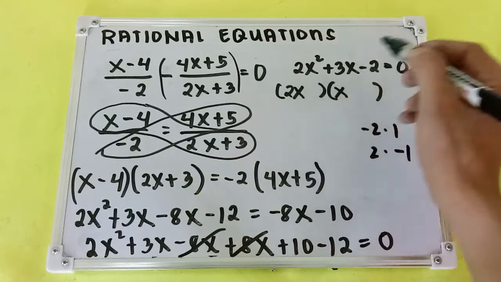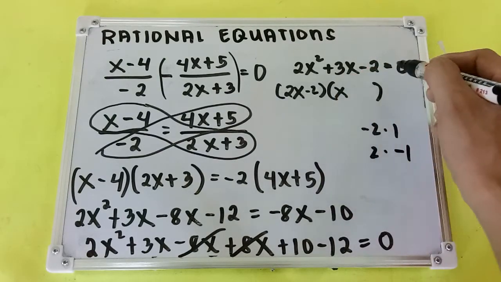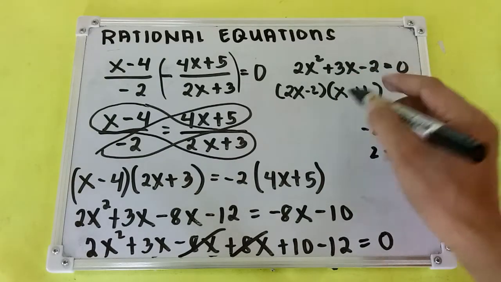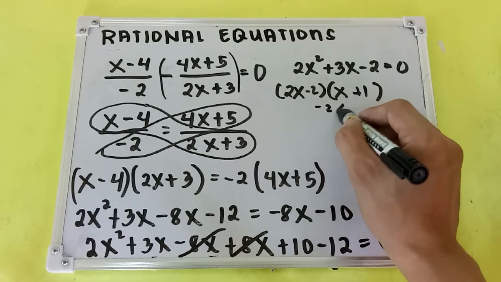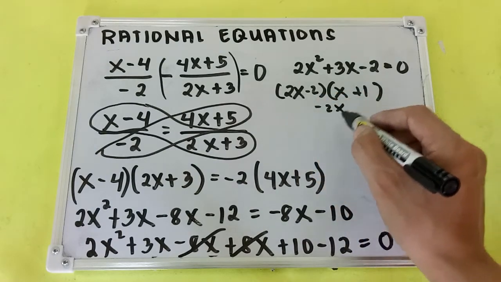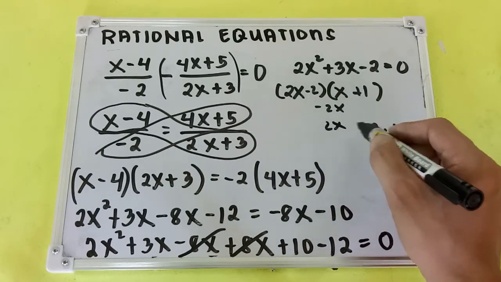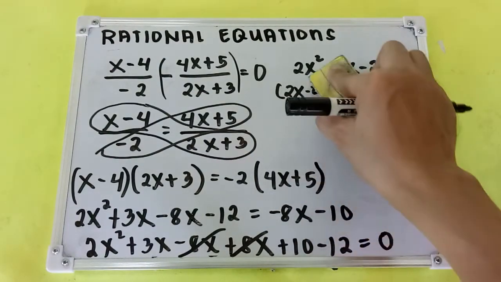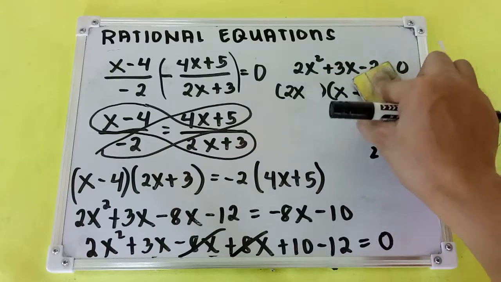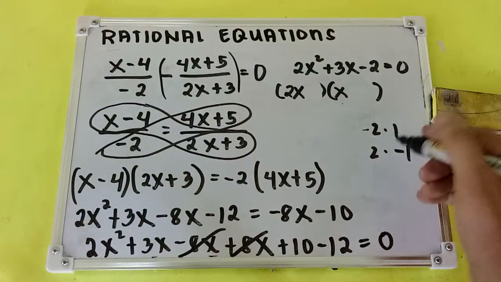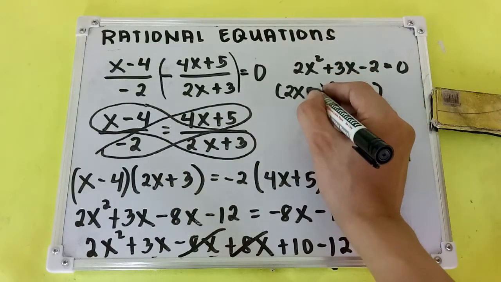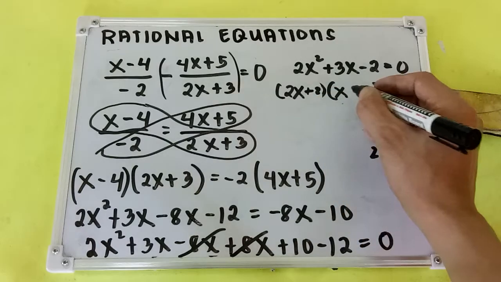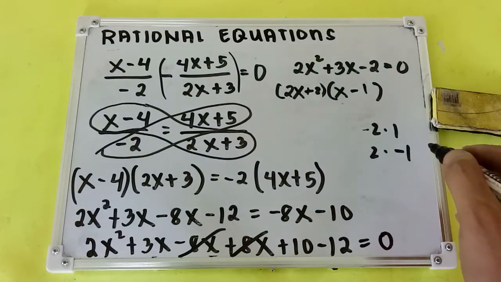So check muna natin si negative 2 and positive 1. So ito ay negative 2x, itong nasa outer ay positive 2x, so 0. So mali yan. So sa factoring talagang trial and error siya. So gamitin natin itong pangalawa. So positive 2 siya and negative 1.